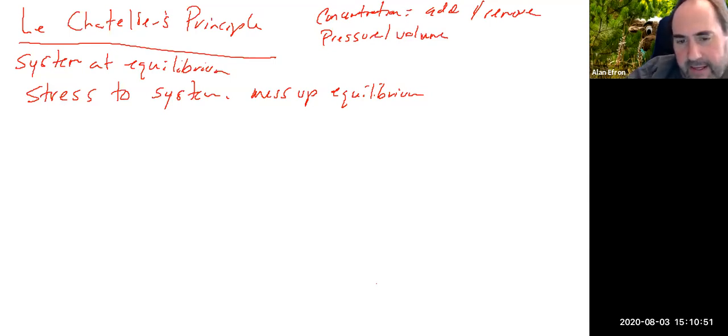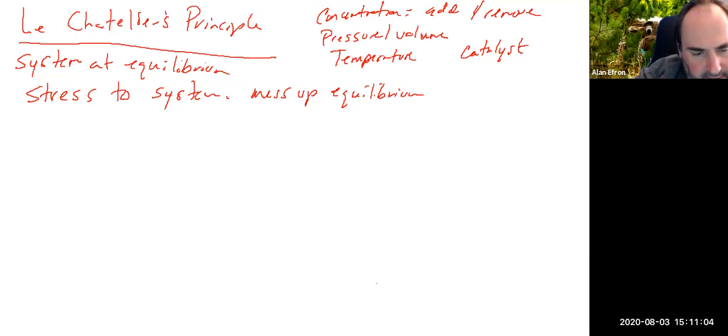In addition, temperature, and also a catalyst we talked a little bit about. These are things that can be added to a system at equilibrium, and in certain cases may or may not have an effect, depending on the situation.